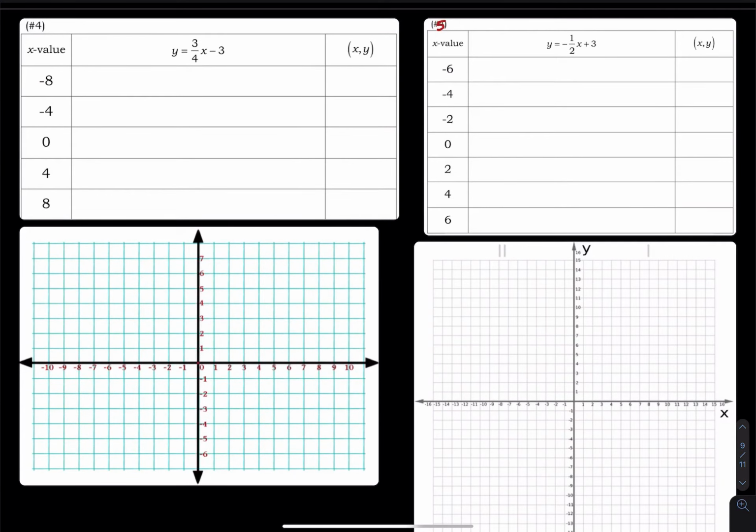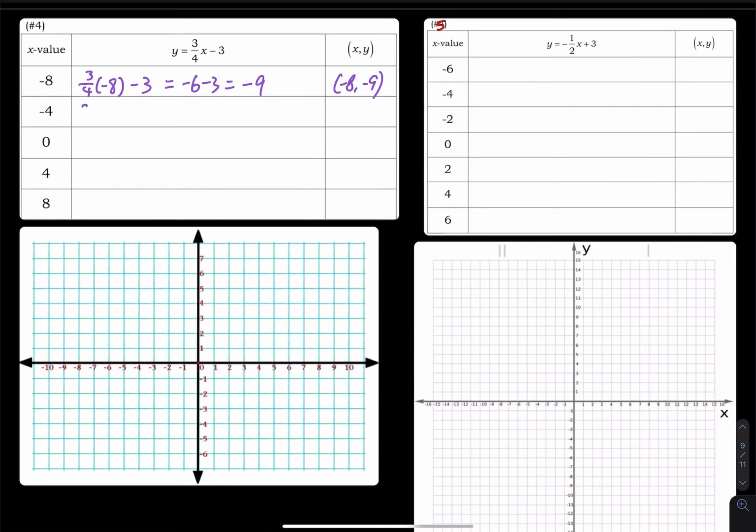So let's do this too. We have 3/4 times -8 minus 3, which equals -6 minus 3, so you have -9. So we have -8, -9.